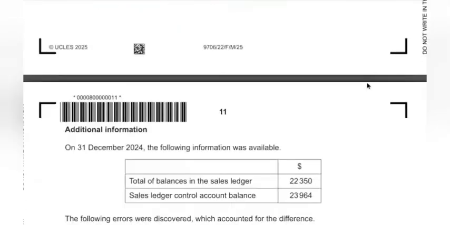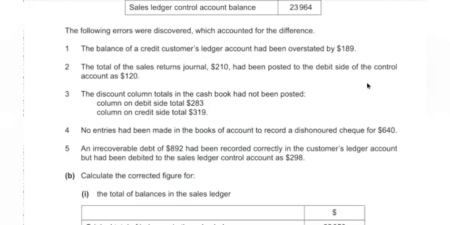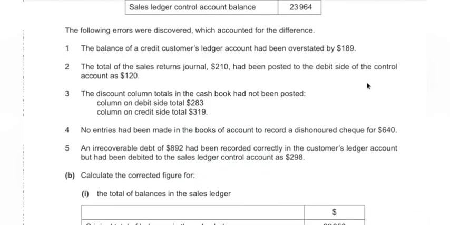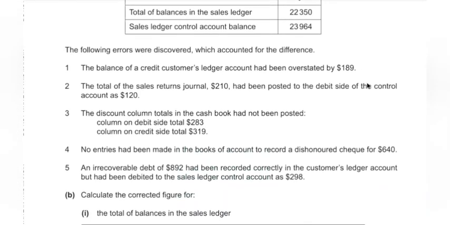Okay, so let's just look at these errors one by one and see what can be done. They have given us the total opening balance for both. The first error is saying that the balance of a credit customer's ledger account had been overstated by 189. Now this balance is affecting the ledger account.